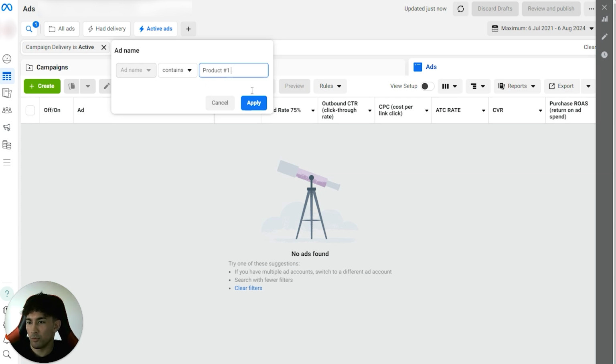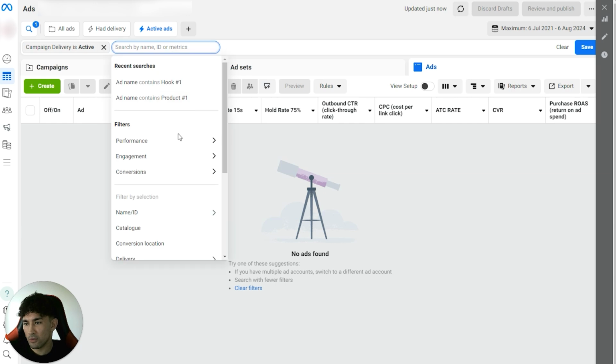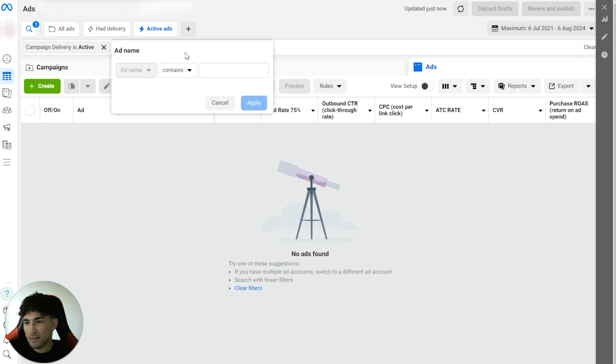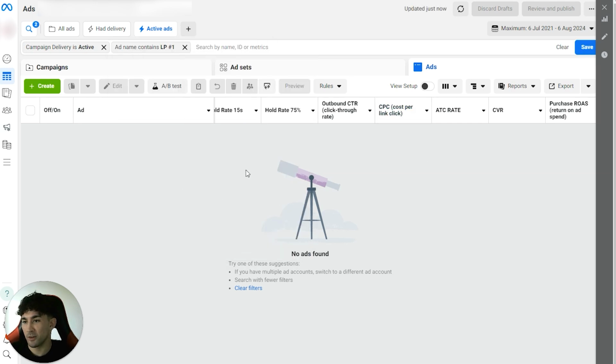But for the sake of the video, product 1, apply, and we can then see the creative performance of all the ads that are product 1. And there's a filter you can use for every variable that you're running. So again, if we come in here and then look at, maybe we want to see what's performing best, sending people to the product page or the custom landing page that we've created, we can type in landing page 1, and then we can see how well the product page compares next to the landing page.